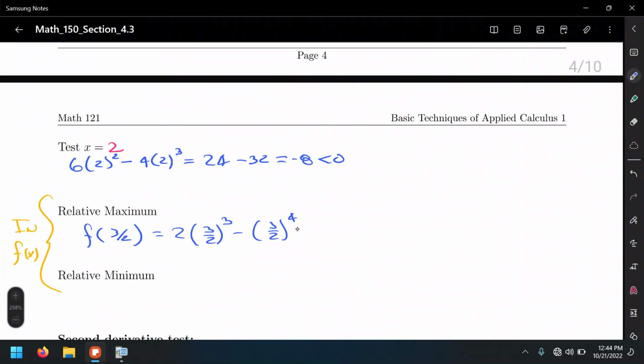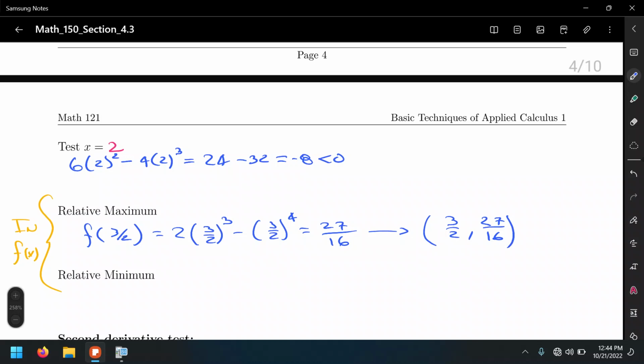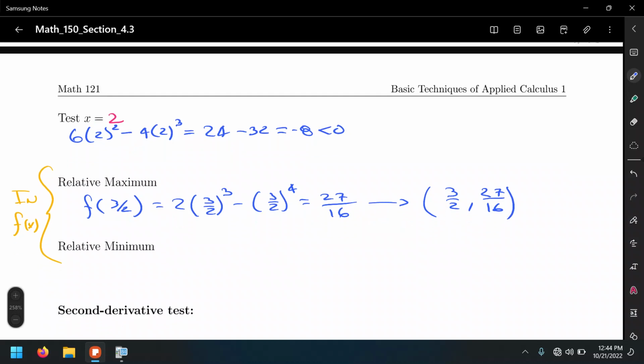All right, so as an ordered pair, that's 3/2 comma 27/16. Relative minimum. Did we get a relative minimum in this case? No, that's the only thing we got, a rel max. So not applicable for relative minimum.